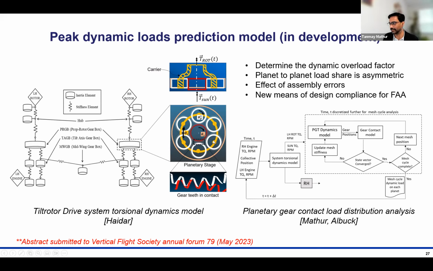Then understand the torsional dynamics of the planetary gear stage, and then look at how the load is distributed on each of these single planet gears. So this is what we are trying to estimate, meaning how to model the system level torsional dynamics effect and study its effect on one single component. The result here would be to derive a dynamic factor for application during design.